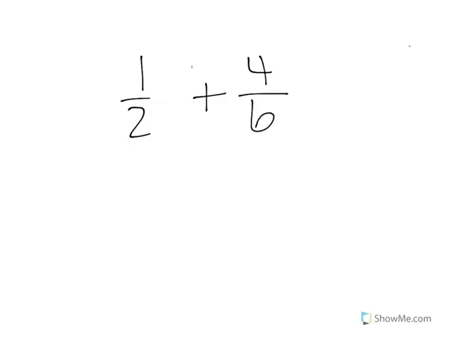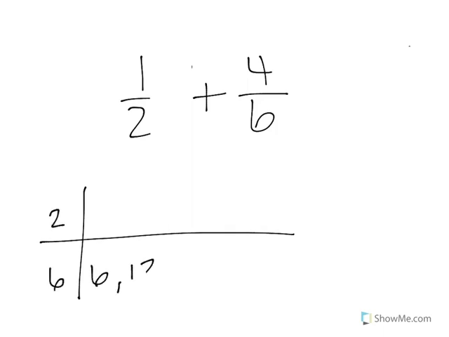Go through the motions of listing out my multiples here. Let's see, 2, 4, 6. And I look and I see, oh, look, 6 is a common denominator, but this one is a 6.